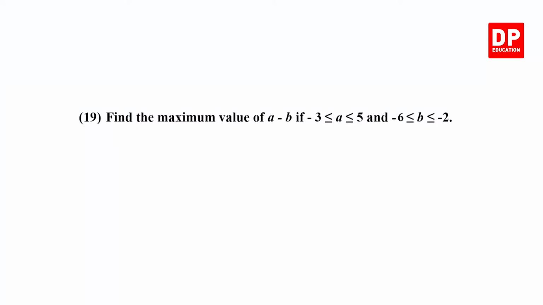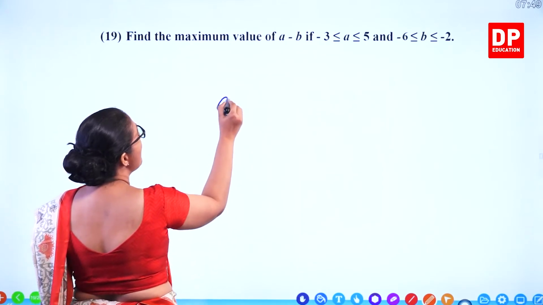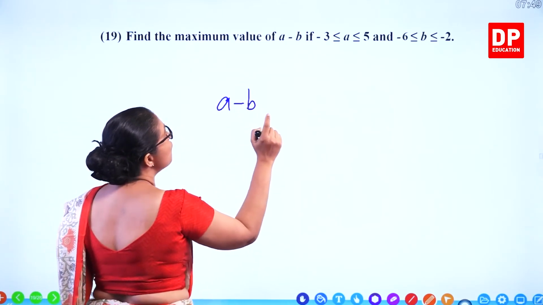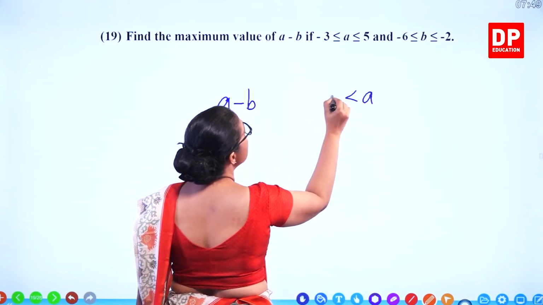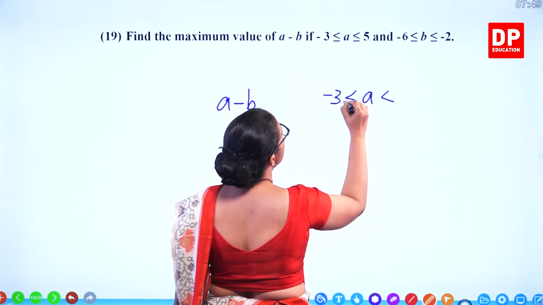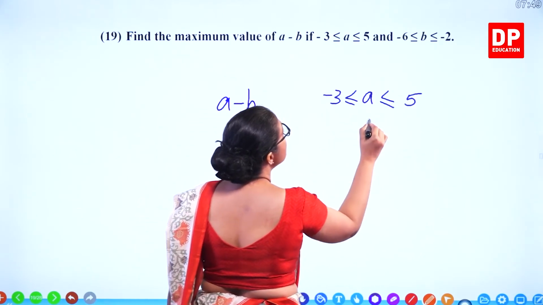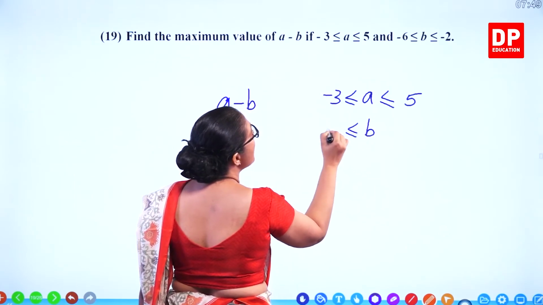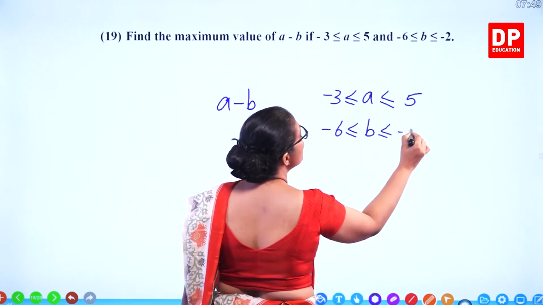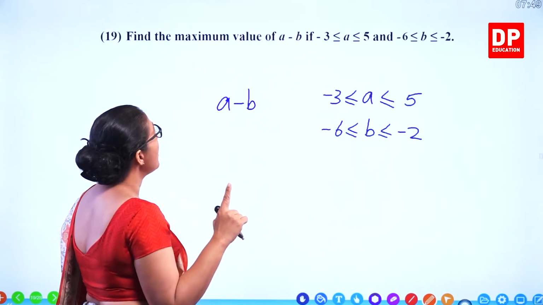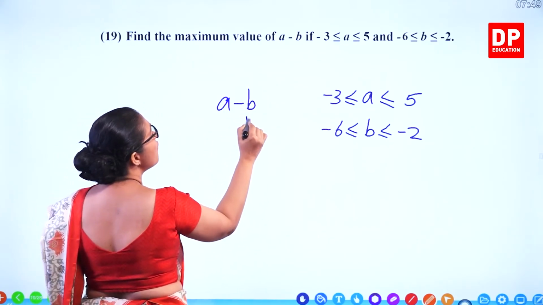Question number 19. Find the maximum value of A minus B if A is between minus 3 and 5 and B is between minus 6 and minus 2. So how do you find the maximum of A minus B?